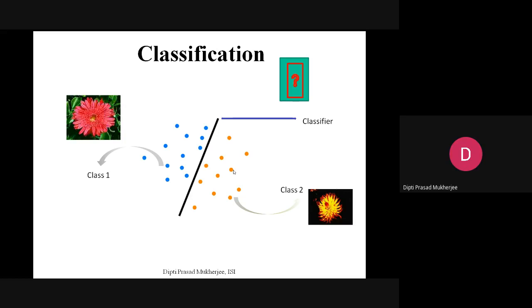When I say there are two clusters, here are also two clusters, class 1 and class 2. But the major difference is that class 1 has a label. I know what class 1 is, and class 1 is flower dahlia, whereas class 2, the orange dots, is chrysanthemum. So you add a label, a name, to the class, which was not available during the clustering process.